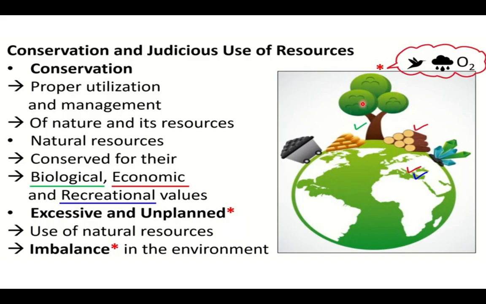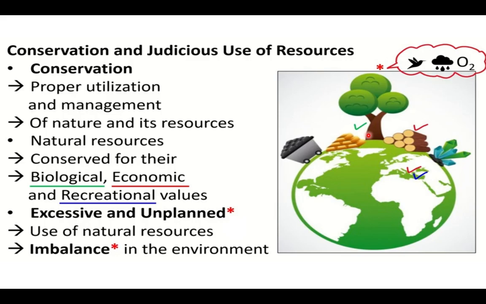If the trees are cut in a large quantity, it is a kind of not planning properly. If the trees are cut continuously, proper afforestation should be done. If two trees are cut, one tree has to be planted. If resources are used in such a way, it will be balanced.